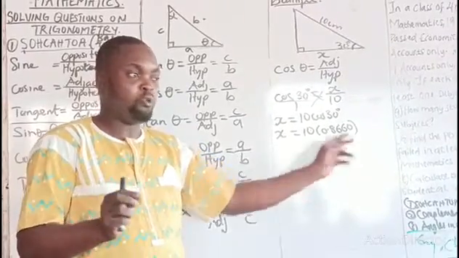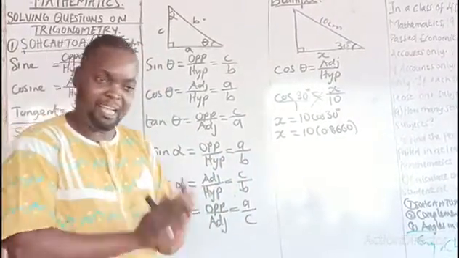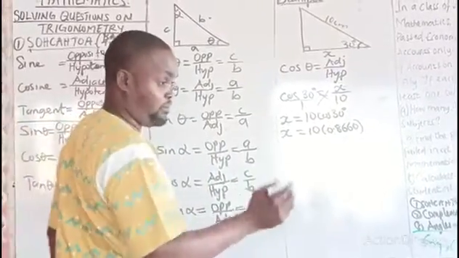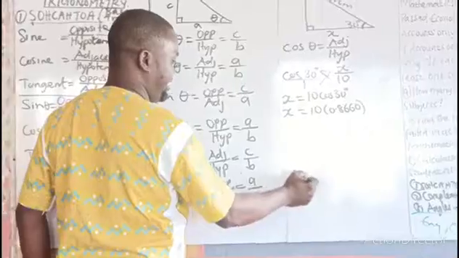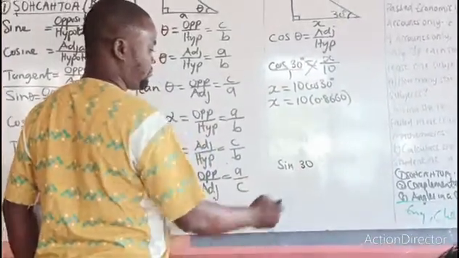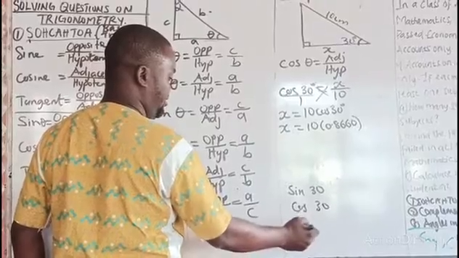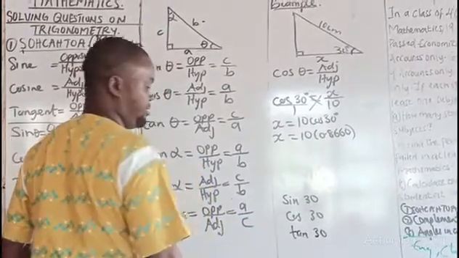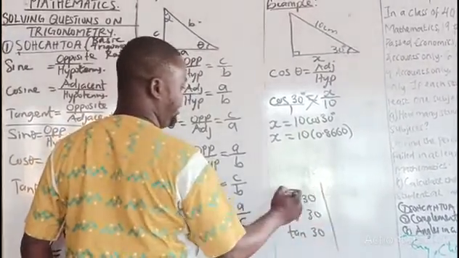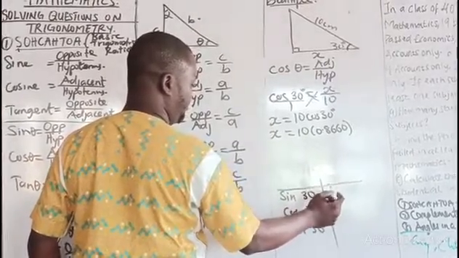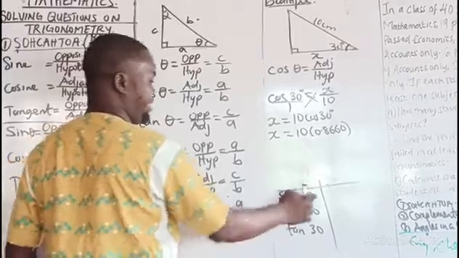And that is the reason why you have to know some basic angles. For example, let me just give you some of them. We have sine 30, cos 30, tan 30, sine 60. Okay, what is sine 30?